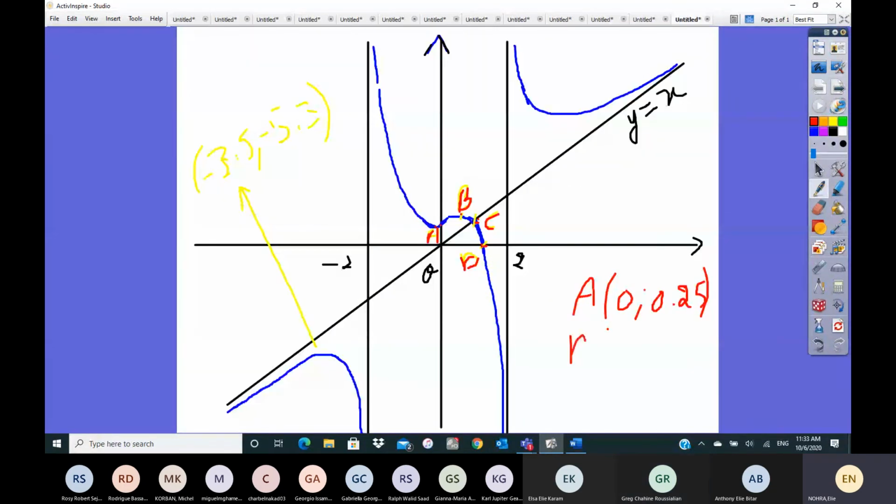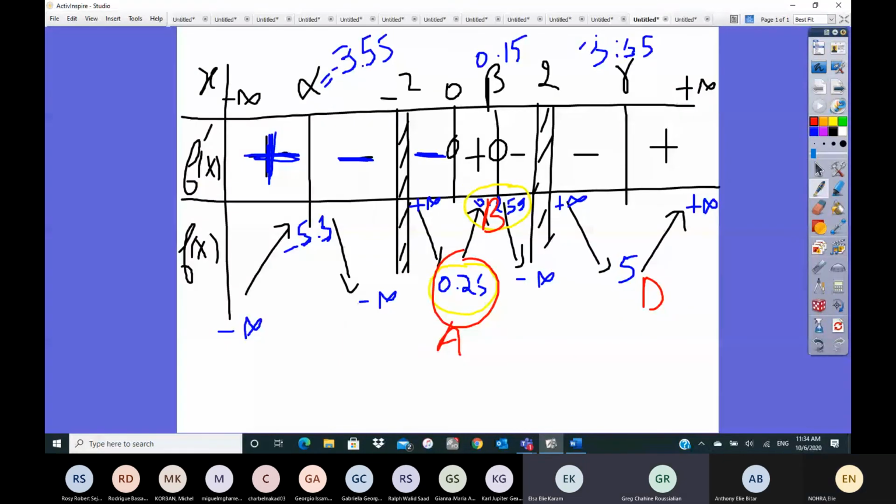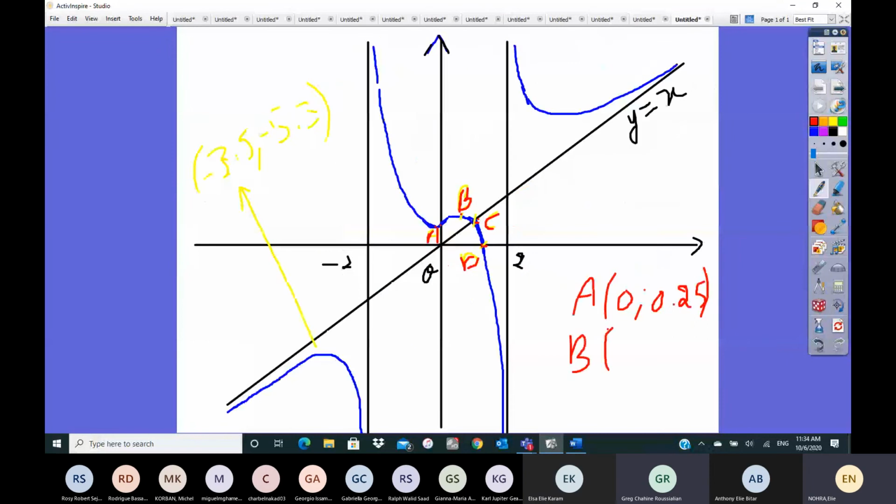What are the coordinates of B, guys? The coordinates of what? B? Of the point B, yes. 0.15, 0.259. Yes. What are the coordinates of the point C?